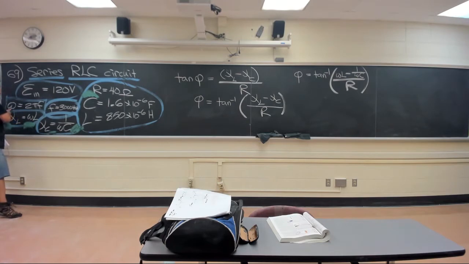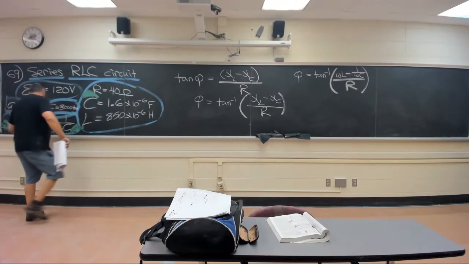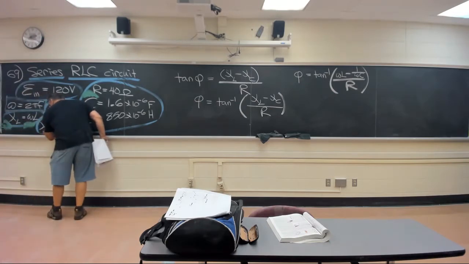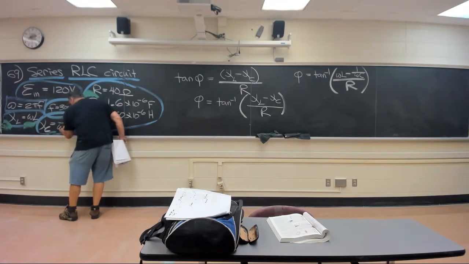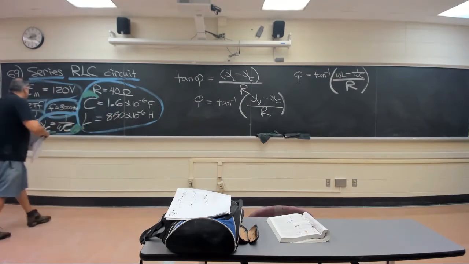Omega is what we're using in X sub L and X sub C. So when we do it, let's just make sure. X sub L, X sub C.